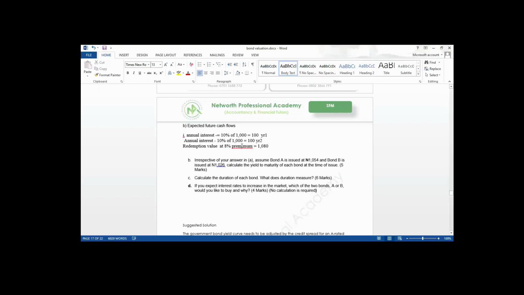Redemption will happen in year 2. That means in year 2, we have 2 cash flows. Please look at the highlighted.